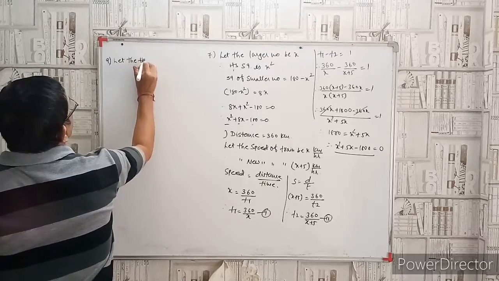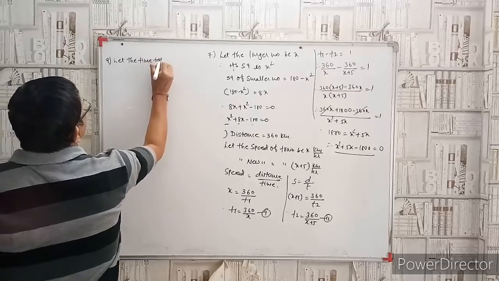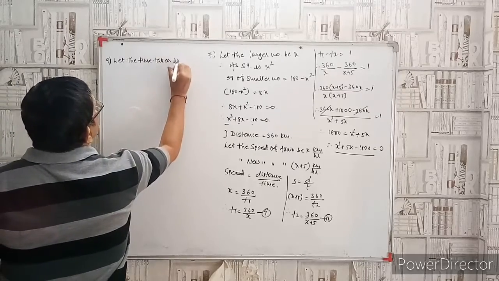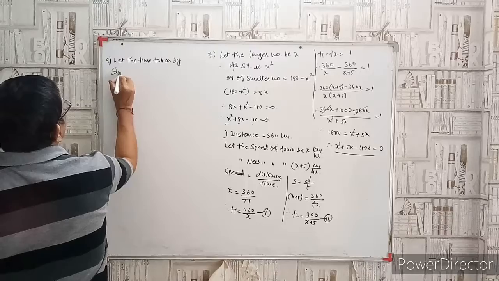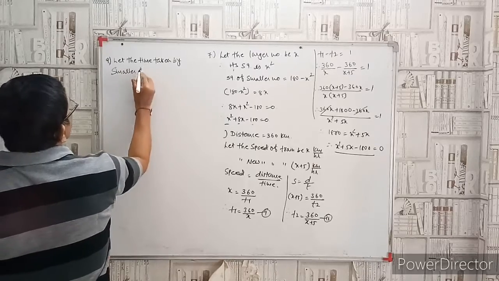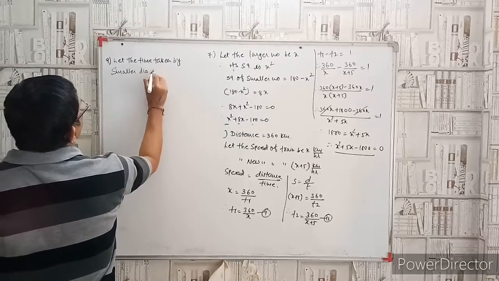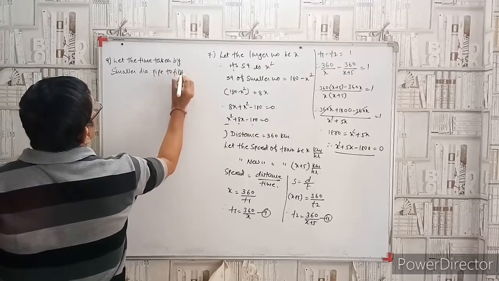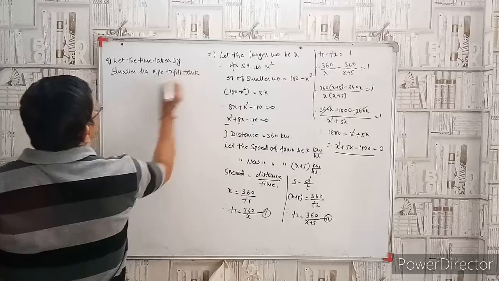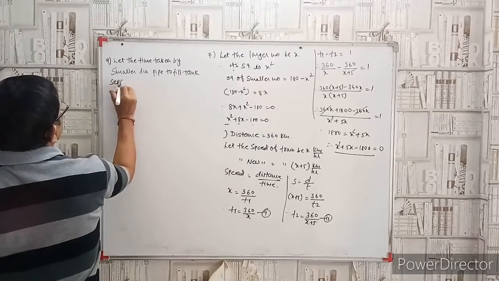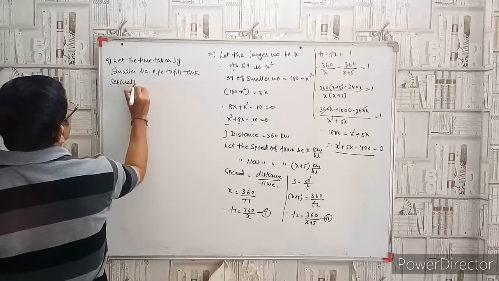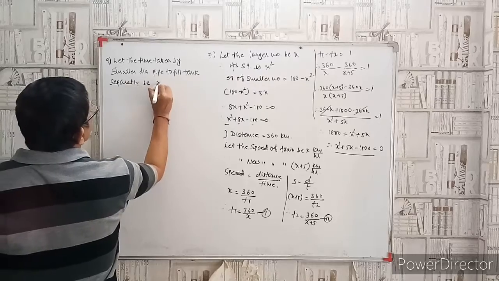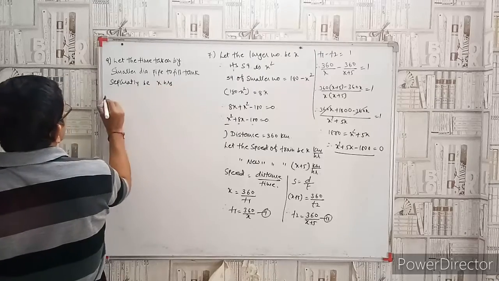Let the time taken by the smaller diameter pipe to fill the tank separately be x hours.